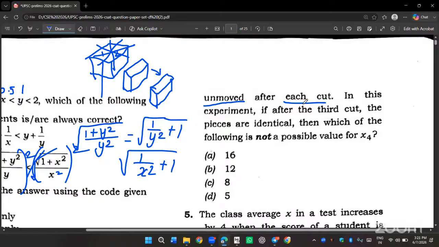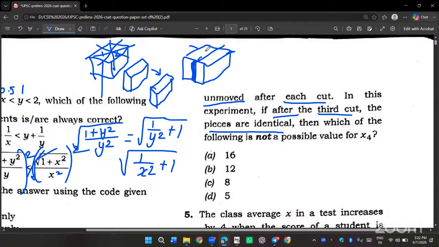In this experiment, if after the third cut, the pieces are identical, yes, first cut pieces are identical. If I cut like this, two pieces of equal size, okay, my drawing may be of different sizes, anyway, equal size.